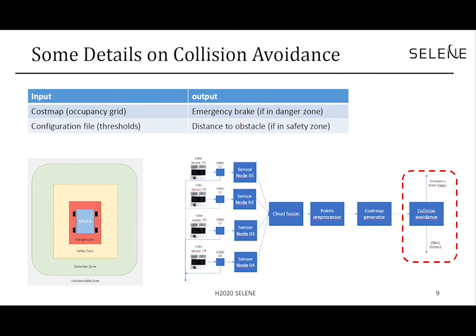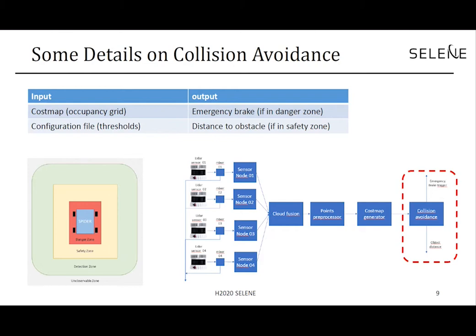Okay, as the last slide from my side, I want to give some details on the collision avoidance, since this is the basis for the talk of Nicholas. So the collision avoidance function which we want to port is just this little red square on the right-hand side. So only this decision-making algorithm, am I within a danger zone or a safety zone, is ported to the SELENE board and will be analyzed by Nicolas' method.